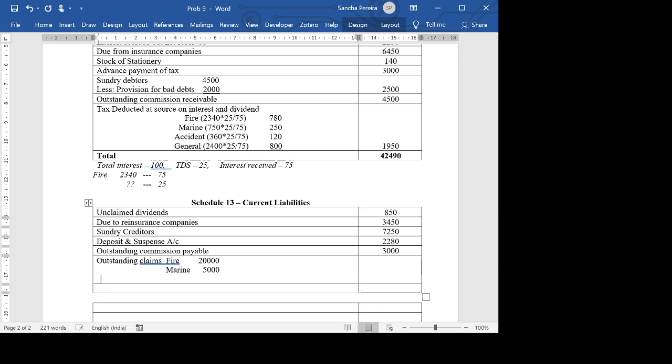And we also have a third one, accident, 3,250. So the total of this comes to 28,250.